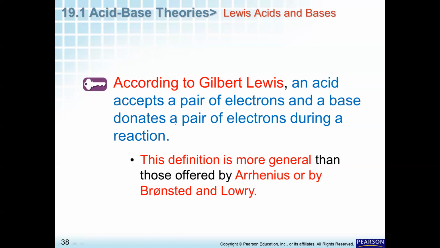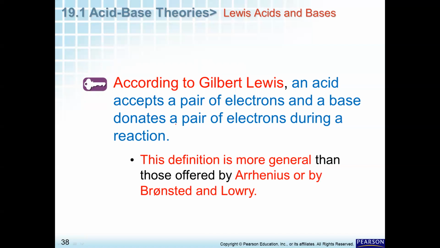Now, if you remember, in the case of Bronsted and Lowry, the one which was a donor was the acid, donating an H plus. Here, it is the one which is accepting the two electrons. And the opposite is that the base is the one which is giving. This definition is more general, and it includes all the materials that can be defined by Arrhenius.